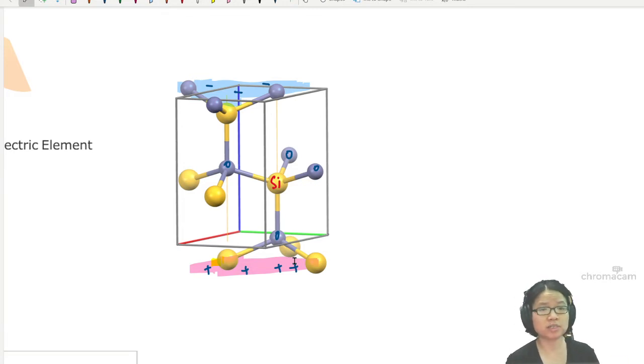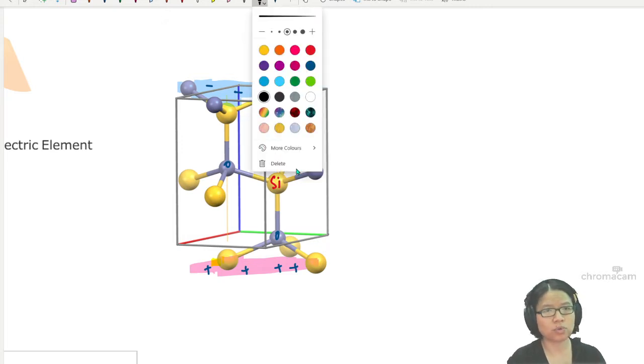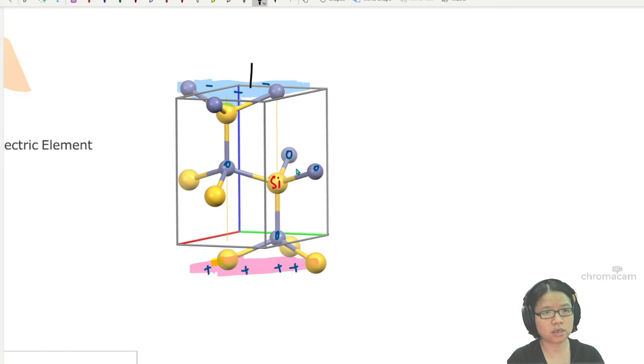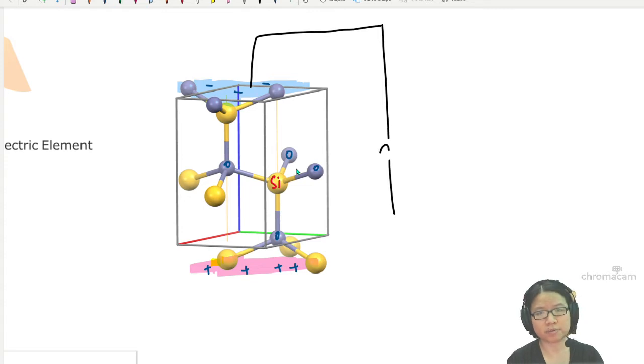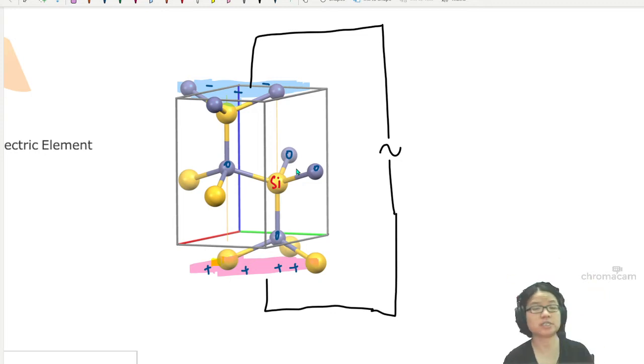So based on this structure, we will place an alternating current here. And this alternating current will push, stretch, and compress the crystal.